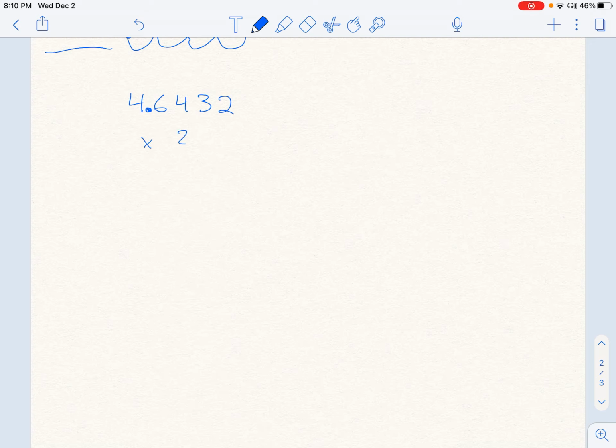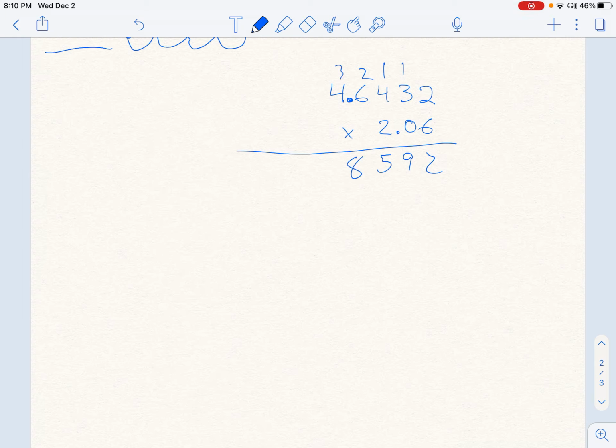Should have done that whole thing a little bit. There, we'll put it there. 6 times 2 is 12. Now we're going to have zeros all the way across here. Boom, boom, boom. That's exciting. Okay, 2 times 2 is 4. 2 times 3 is 6. 2 times 4 is 8. 2 times 6 is 12. 2 times 4 is 8.